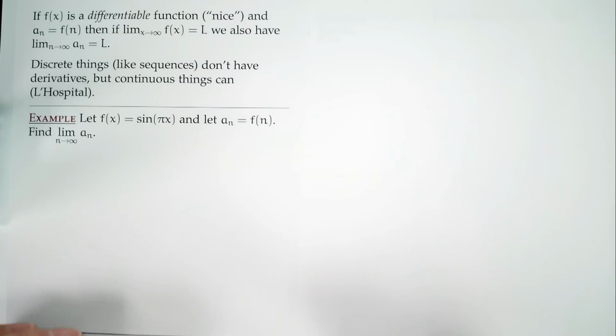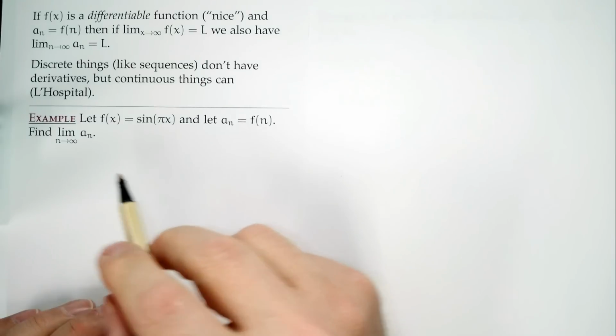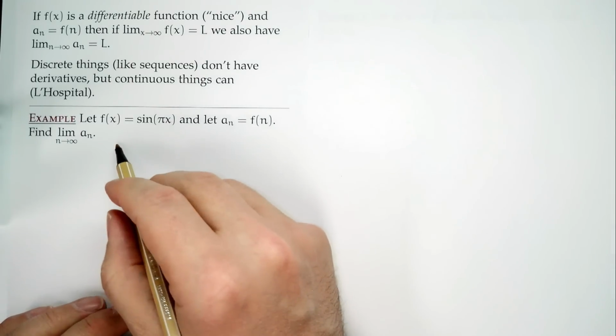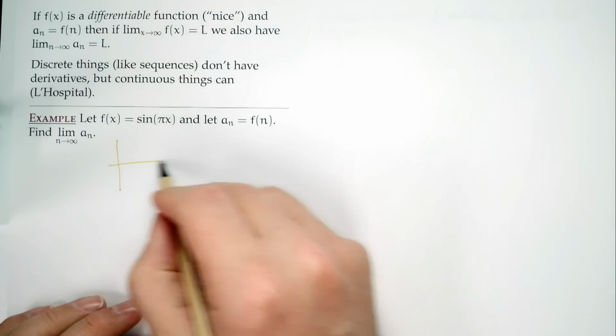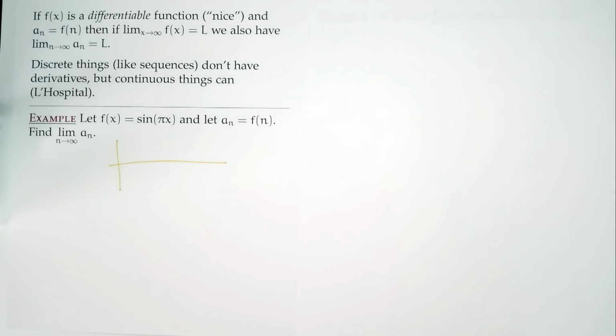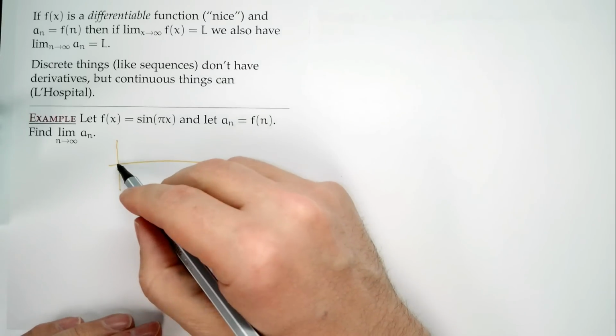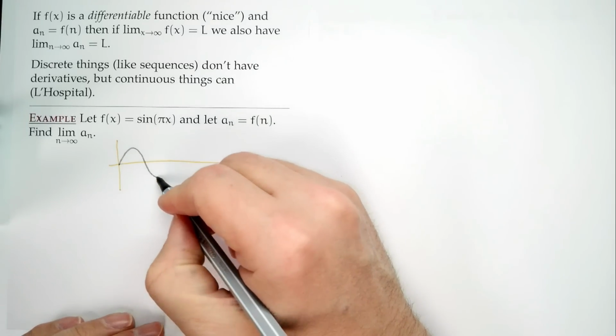So we want to know, well, what's happening to this as we go off to infinity. Now, if you graph sine pi x, it's very similar to what was just graphed a few moments ago, but I'll graph it again. The only thing that the pi does is it sort of shrinks the period. And so we're going up and down.